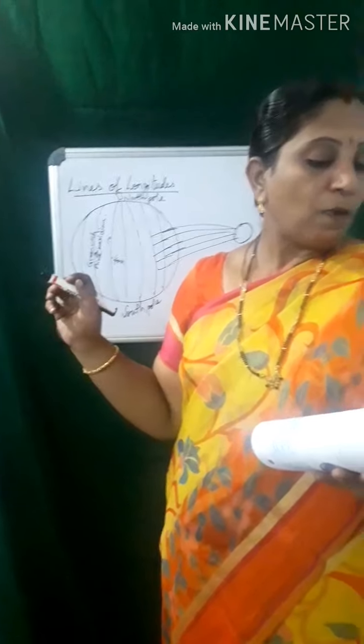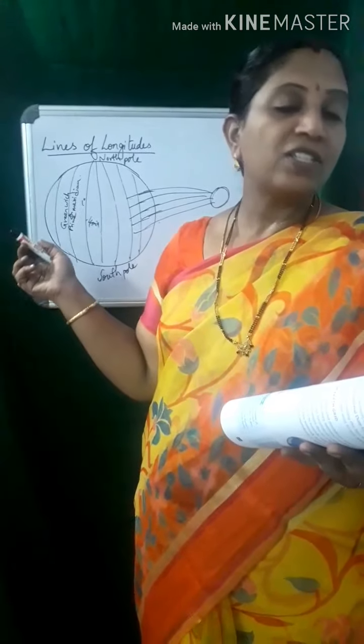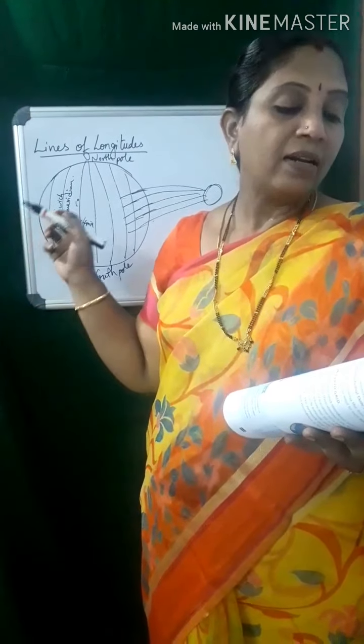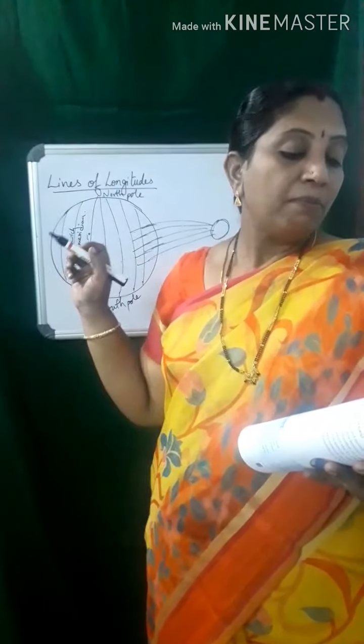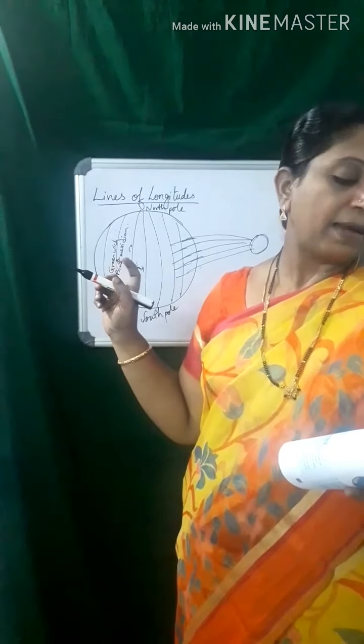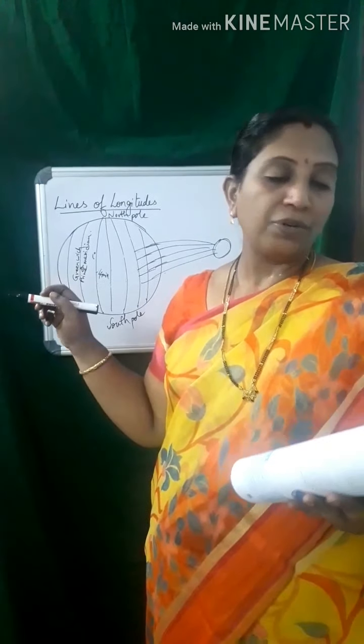Thus, it is possible to find out the time of any place if we know its longitude and GMT, Greenwich Mean Time. We merely have to add or subtract the difference in the number of hours from the given longitudes.